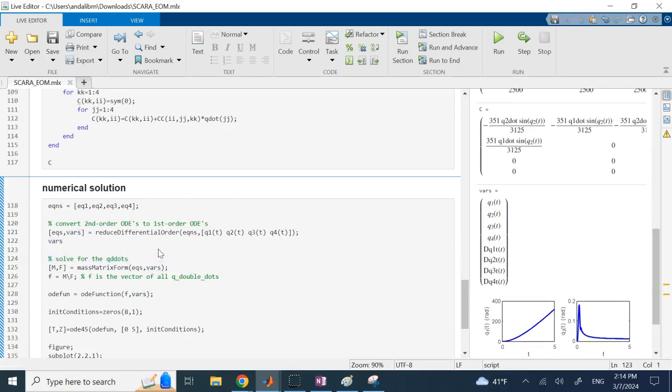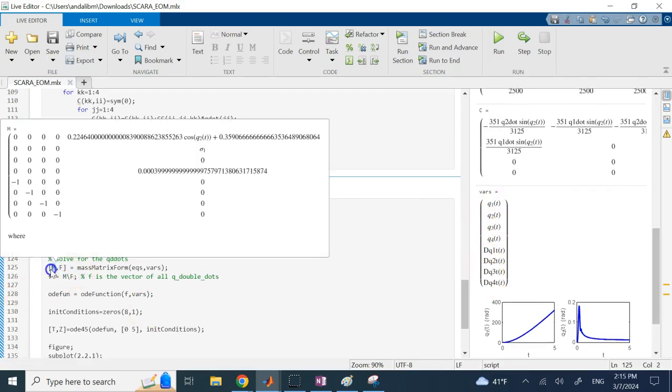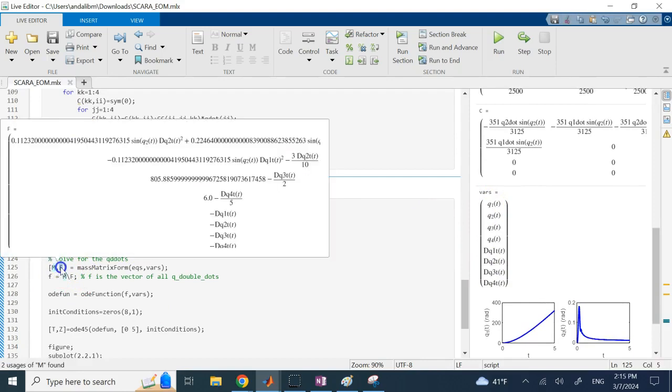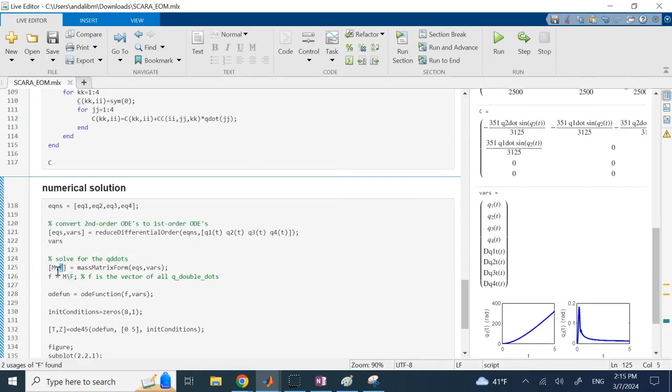Then once the first order ODEs are written, you have to write them in a form like a matrix M times all of the Q dots, the derivatives of these variables, equals the right-hand side. Here, that coefficient matrix is M, the right-hand side is F, and you can see that here.